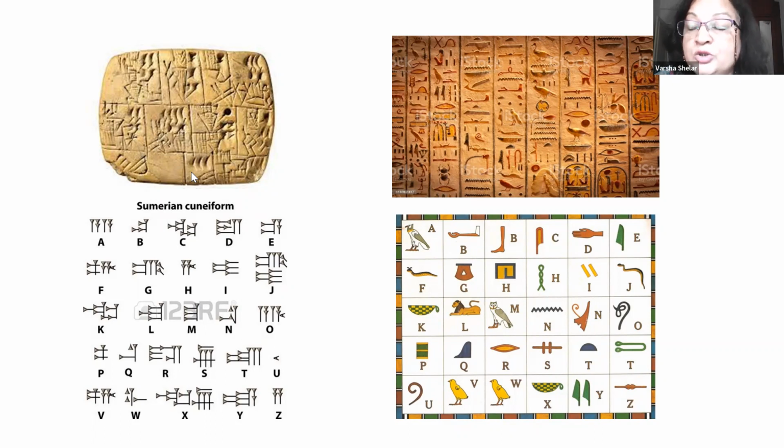But this was also not interpreted. Nobody knew what it meant till recently. Now at the bottom, what you can see is how archaeologists have eventually interpreted what each symbol or picture means.